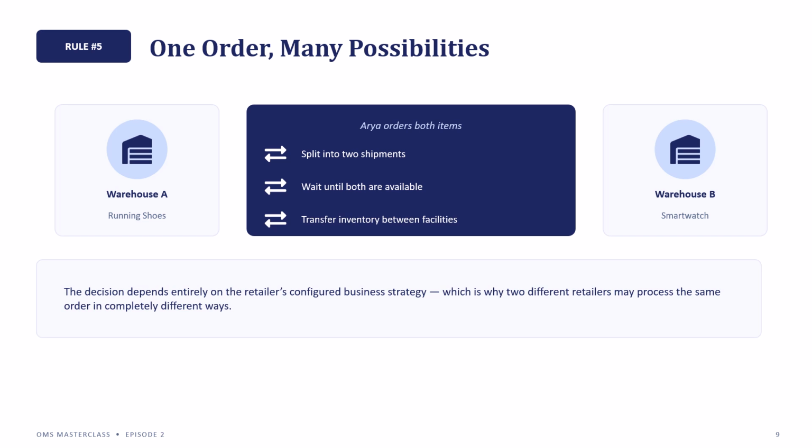Some prefer delivering everything in a single package to provide a better customer experience. The OMS evaluates all these possibilities and chooses the fulfillment strategy that best matches the retailer's business objectives. This is why the same customer order can be fulfilled differently by different retailers.